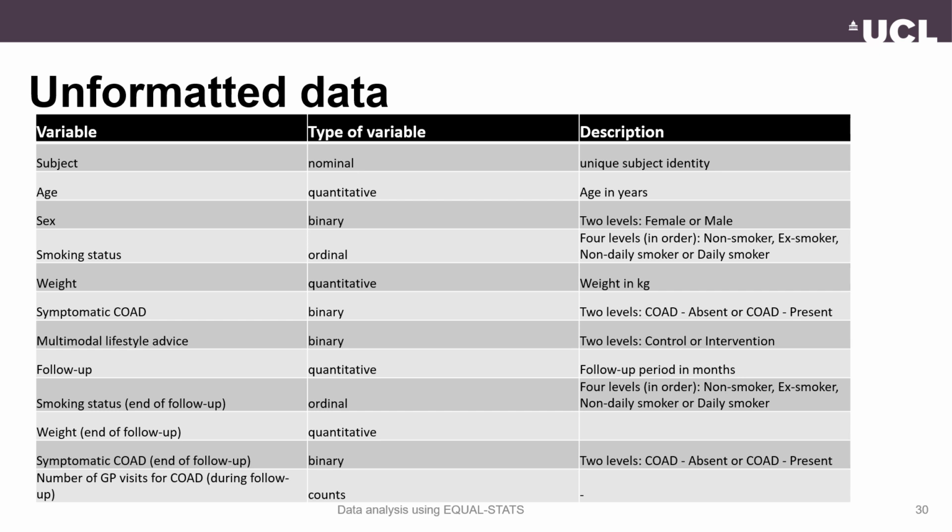Each row contains an observation of one participant, resulting in 500 rows for 500 participants. The names of the variables are self-explanatory except for COAD, which indicates chronic obstructive airway disease, and sex, which indicates birth sex.